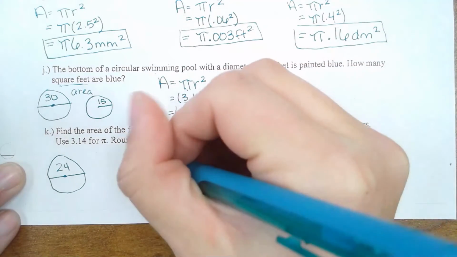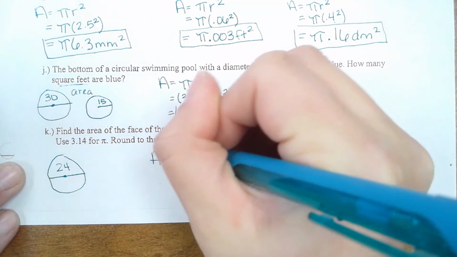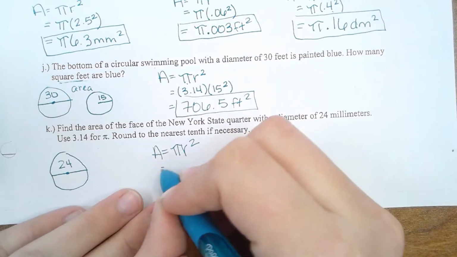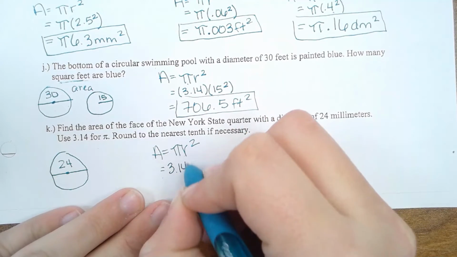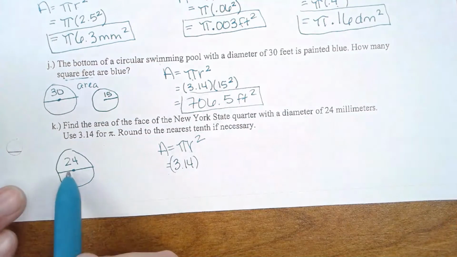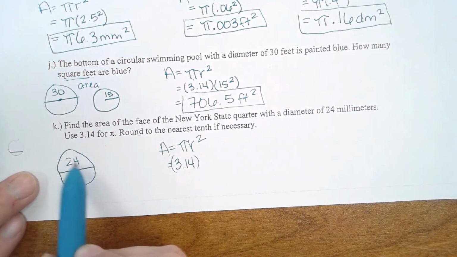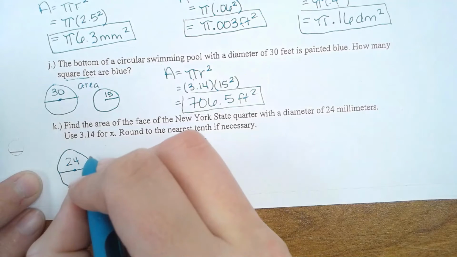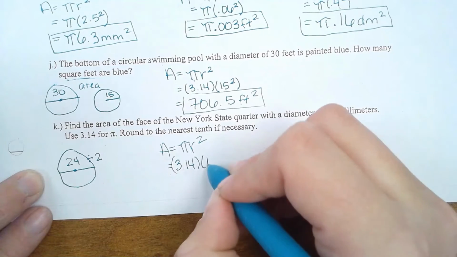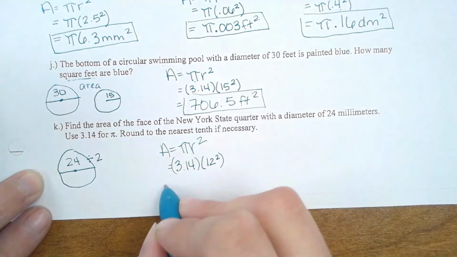So again, you guys will be given the area formula. You guys don't have to memorize it. So your area formula is pi r squared. They want us to use 3.14 for pi, so we're going to substitute 3.14 in. R is radius. Notice how they gave us the diameter, so that just means we need to take 24 divided by 2 to get our radius, and that would be 12, and then I'm going to square it.